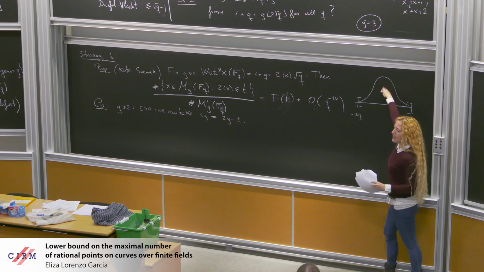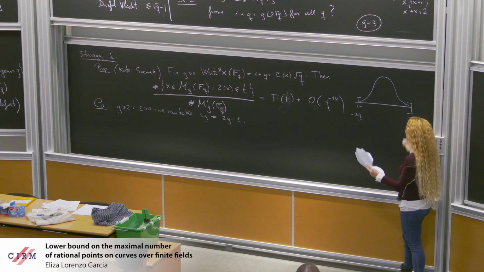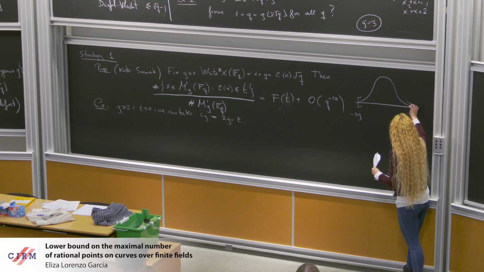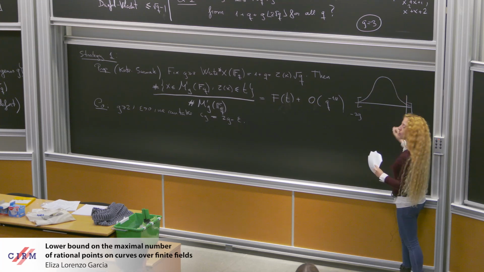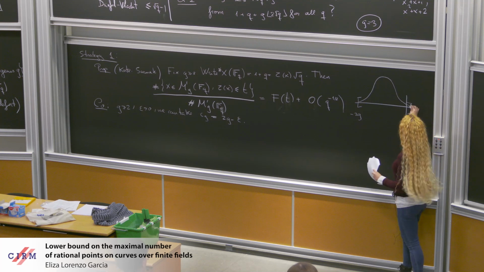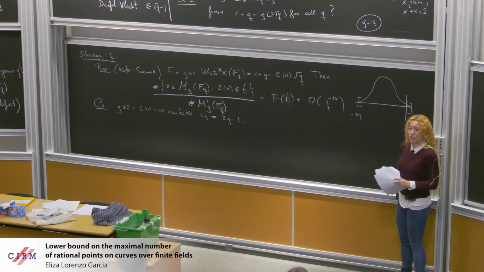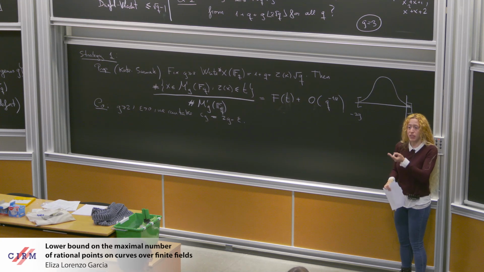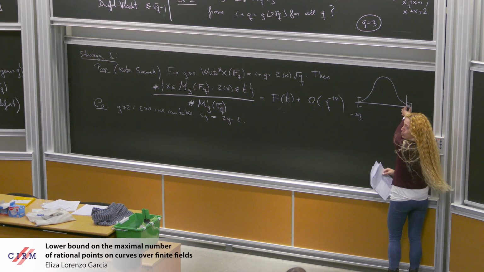So you have many curves in the middle, let's say, and you have fewer curves in the tails. And somehow what we want is to say that for every epsilon, if q is big enough, here we are going to have at least one curve. But now the idea is that if I fix epsilon, then this is a fixed proportion.